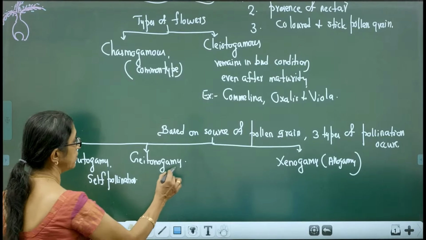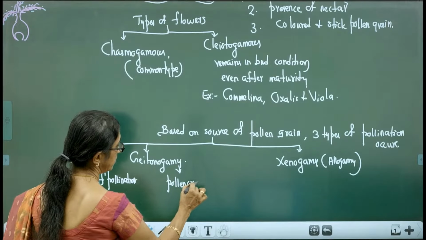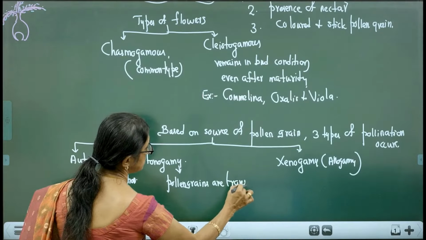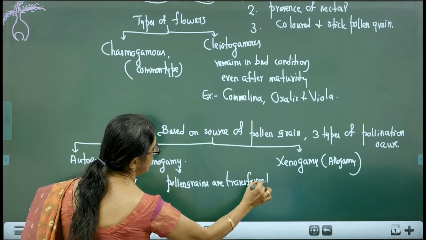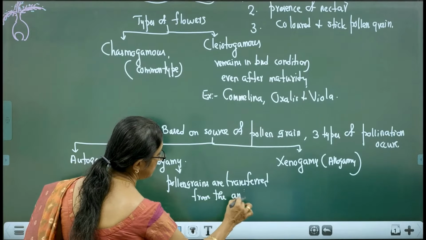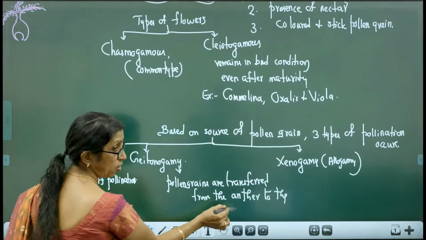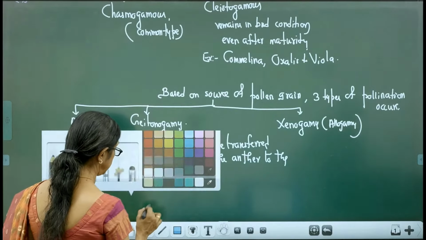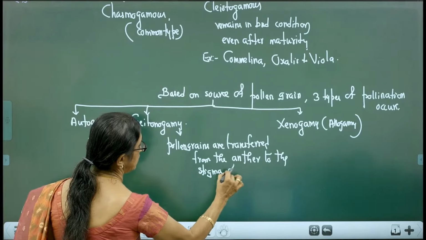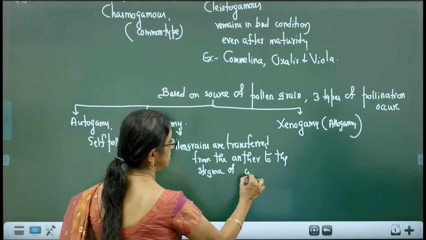And then in geitonogamy, pollen grains are transferred from the anther to the stigma of another flower of the same plant.